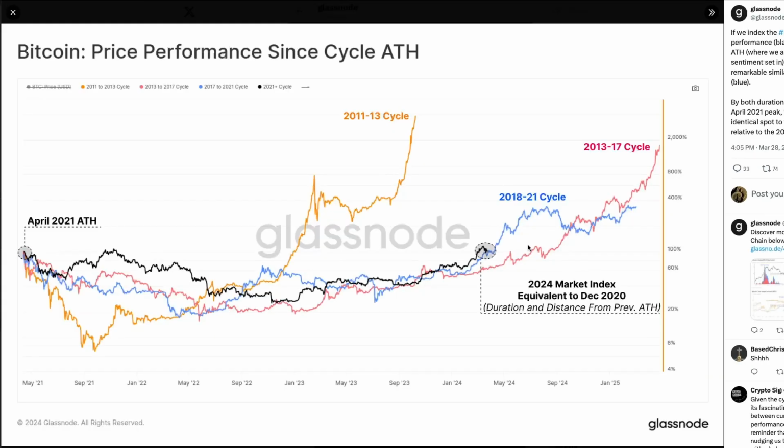Now Glassnode has a very similar opinion, because we see here the price performance since the cycle all-time high, and by both duration and distance from the April 2021 peak, we see here in black. The market is in a near identical spot to December 2020 relative to the last cycle.